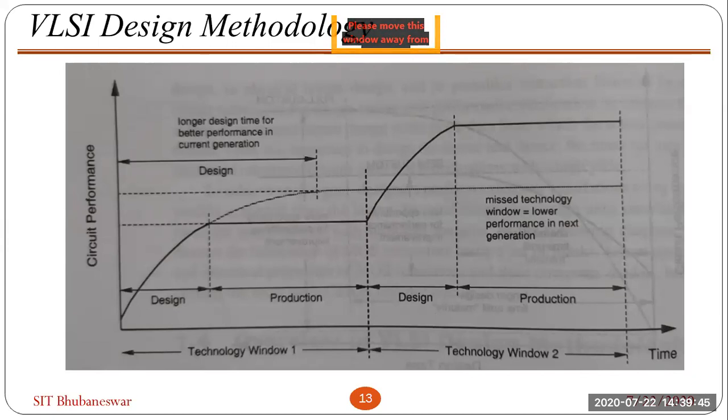Just remember, in a complete chip, suppose an SoC, a system on chip, where analog, RF, digital, everything is there, the digital part is 80% of the work, but it takes just 15% of the time. But the 15% analog part will take 85% of the time. See the difference.